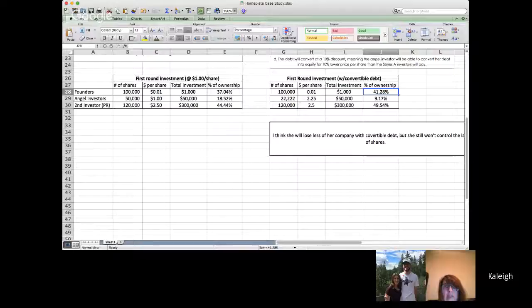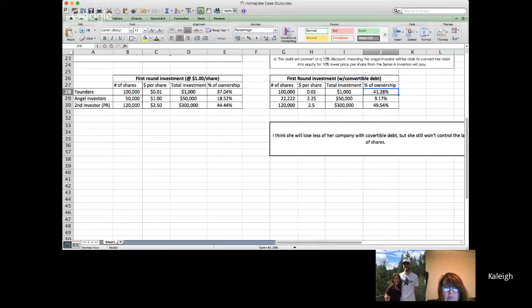So yes, I totally agree with that. So I guess how we base our case is if she is going to do 300,000 anyways, then the best option out of these two would be convertible debt. Right. I agree with that. Okay. I think we're in agreement.